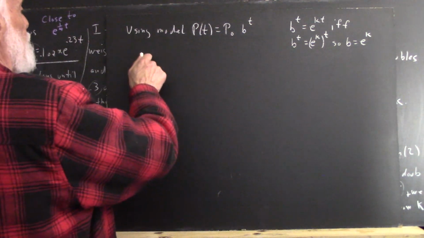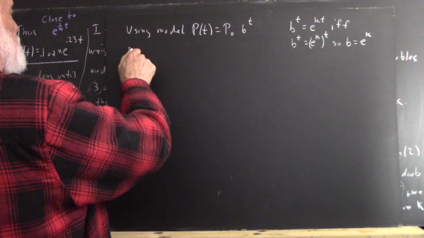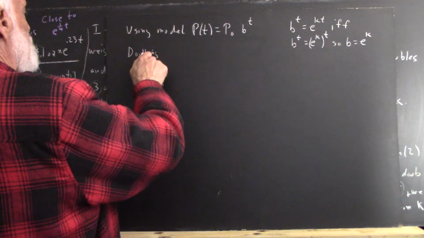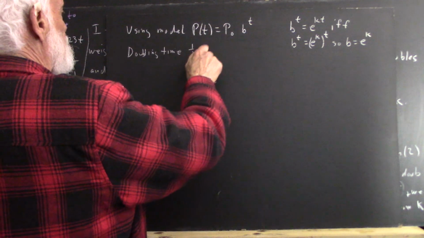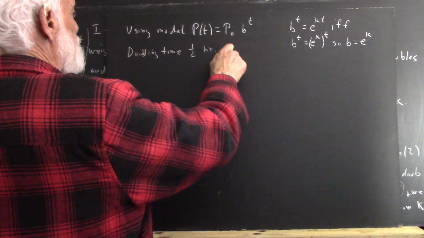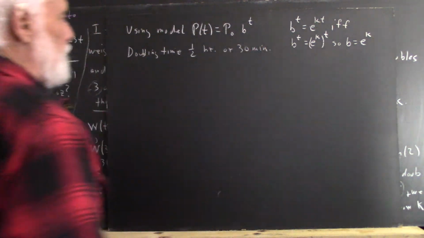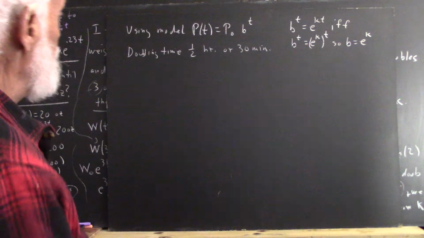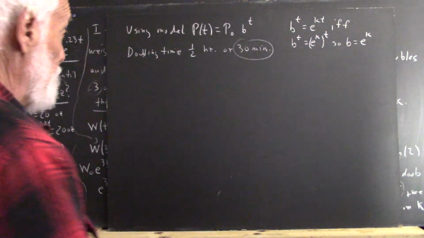Now if we're just using this model, it's easy enough. So we would say here that we have a doubling time of a half hour or 30 minutes, whichever you prefer to use. Well, we'll use the 30 minutes because that's apparently what you're seeing.